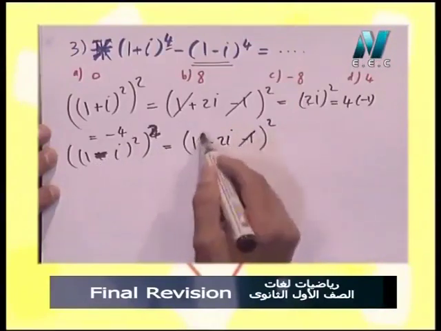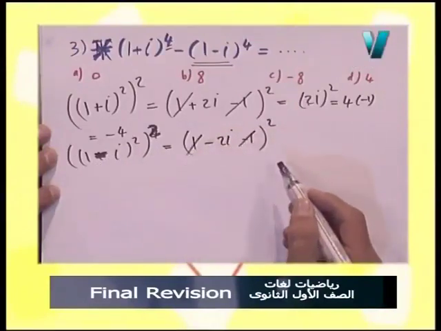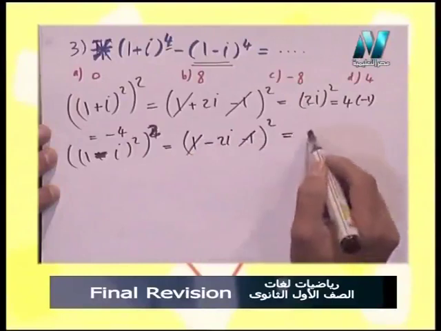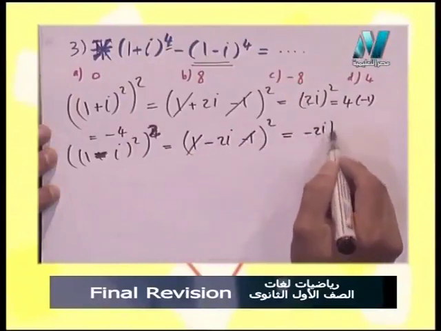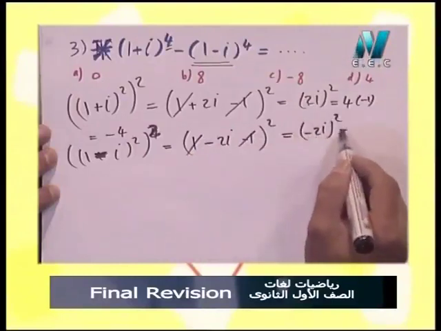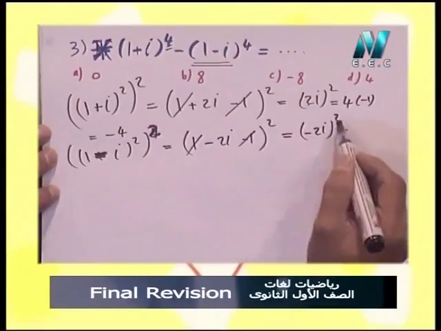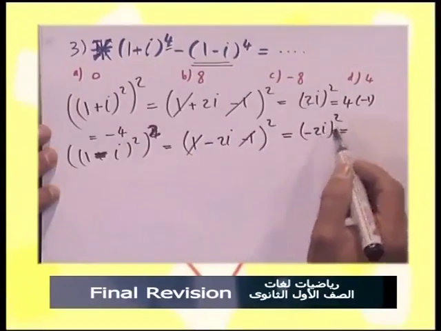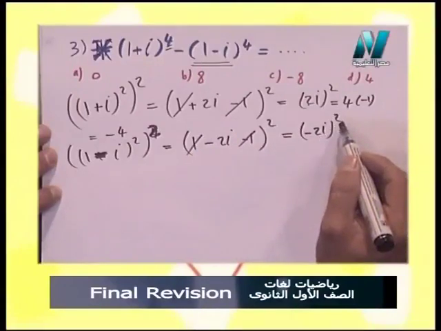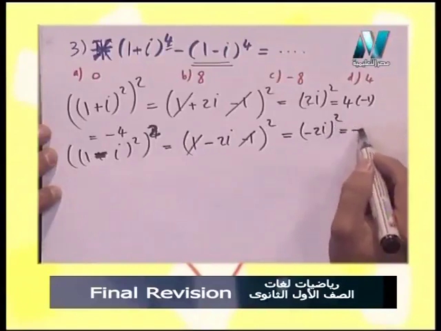You cancel 1 with negative 1, the sum equals 0, and we have only (negative 2i) all power 2. Negative 2 power 2 equals 4, and i power 2 equals negative 1, so it's negative 4.